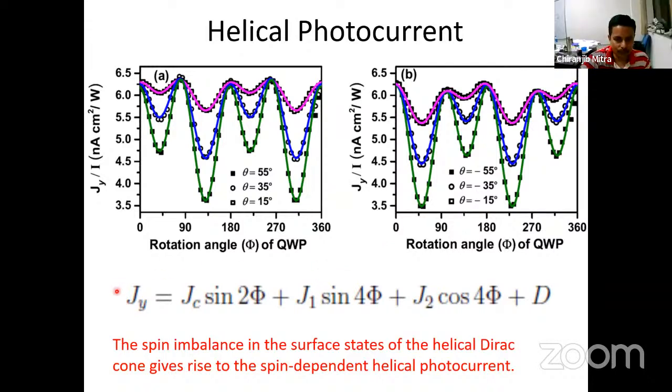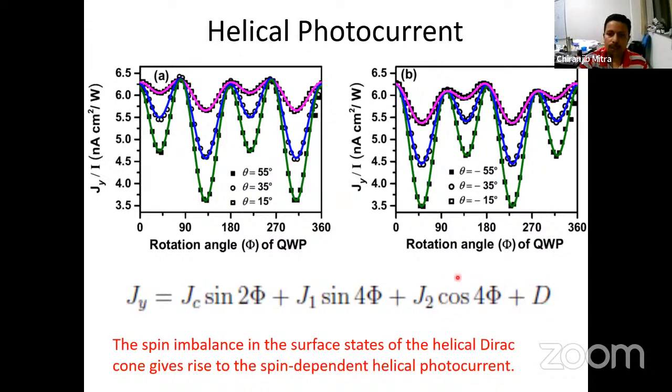This was fitted to this equation, and this component is called the circular photogalvanic effect, which captures essentially the surface carriers. J1 and J2 respond to the linear polarization, and D is the polarization independent term.